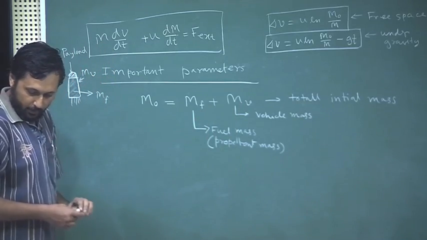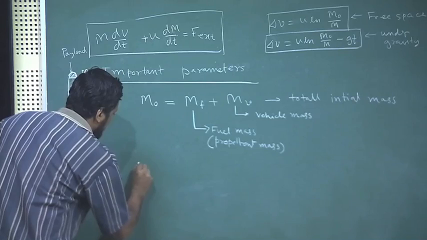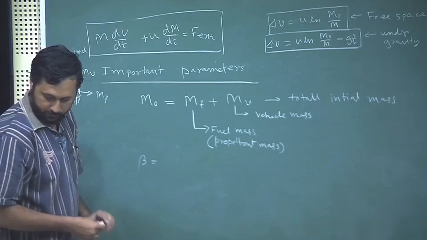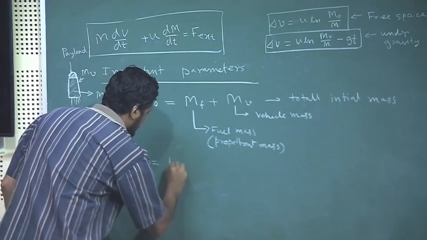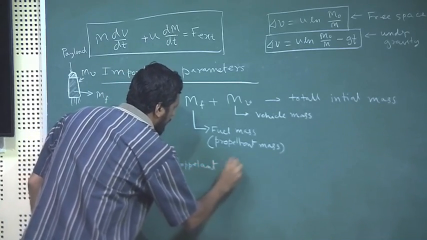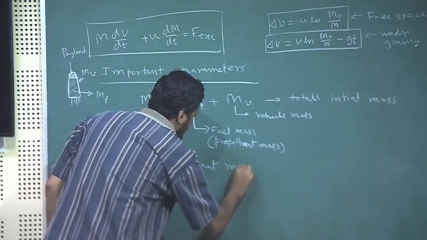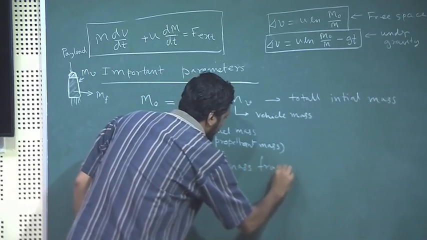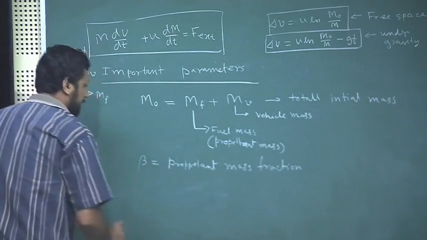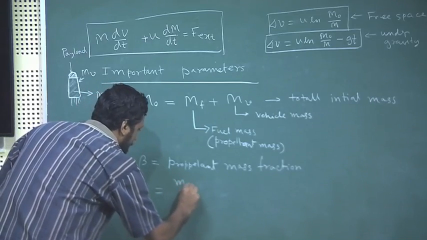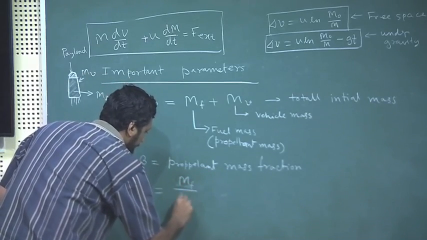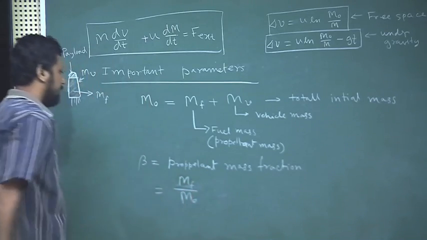We also introduce a parameter beta, which is called the propellant mass fraction, given as mf by m0.